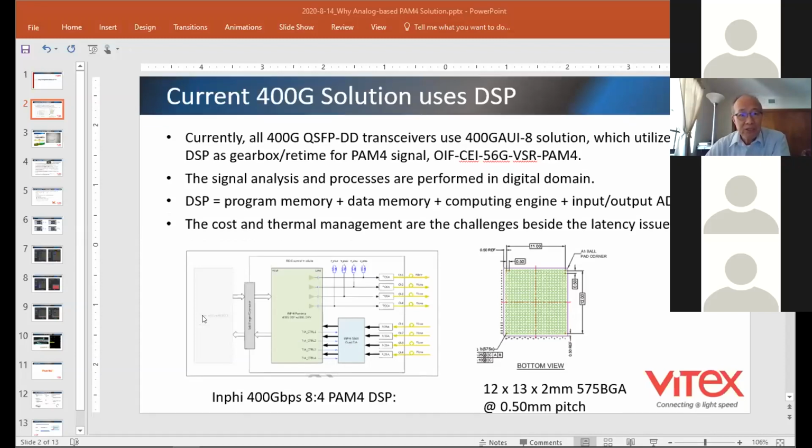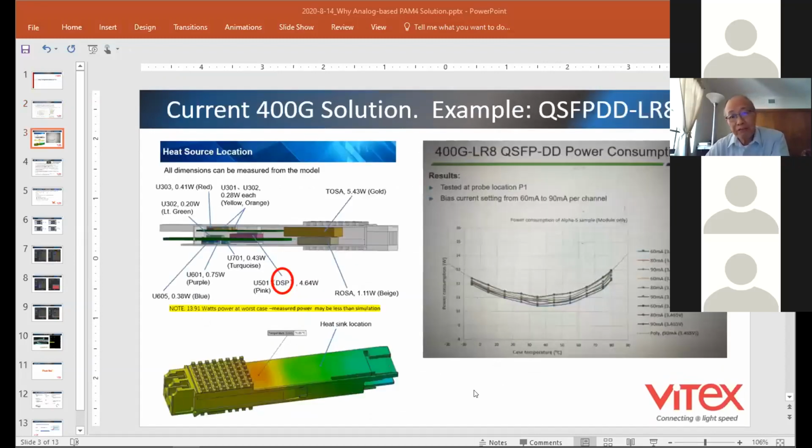Okay. So the next one shows you roughly, in the current form of the 400G solution, the so-called thermal problems, right? You can see the DSP is mounted very close to the edge fingers, right? They need to process everything from the host side. And this is a thermal simulation. It's almost 5 watts.